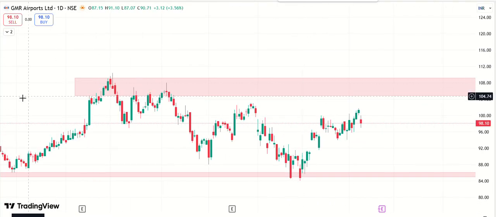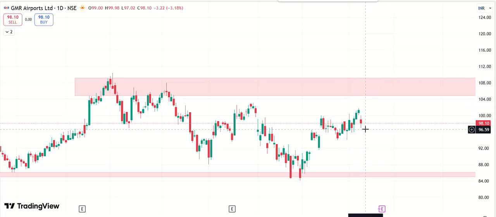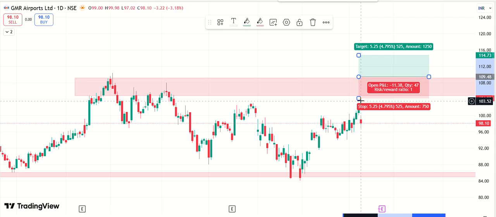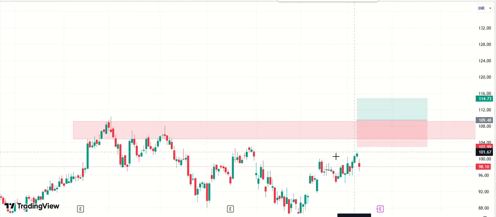It's in a range right now. Let's assume how much of a 10 percent movement should be there. We have to wait for this resistance break because we are always trading on the breakout area.